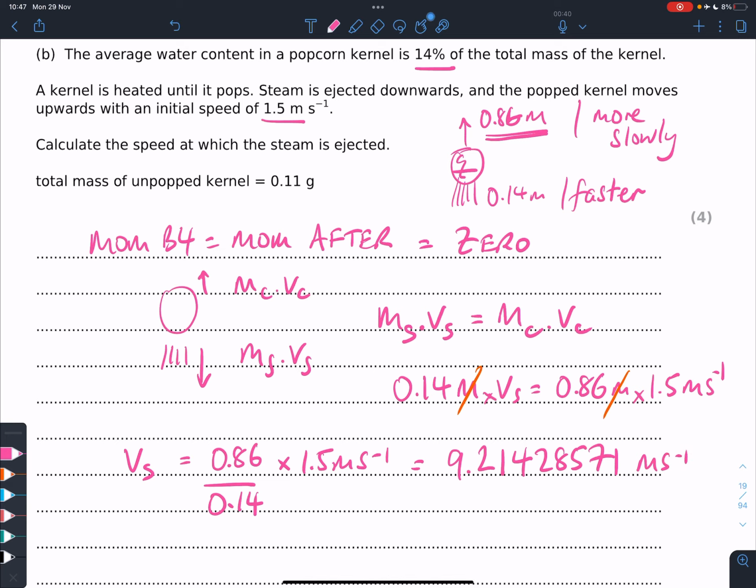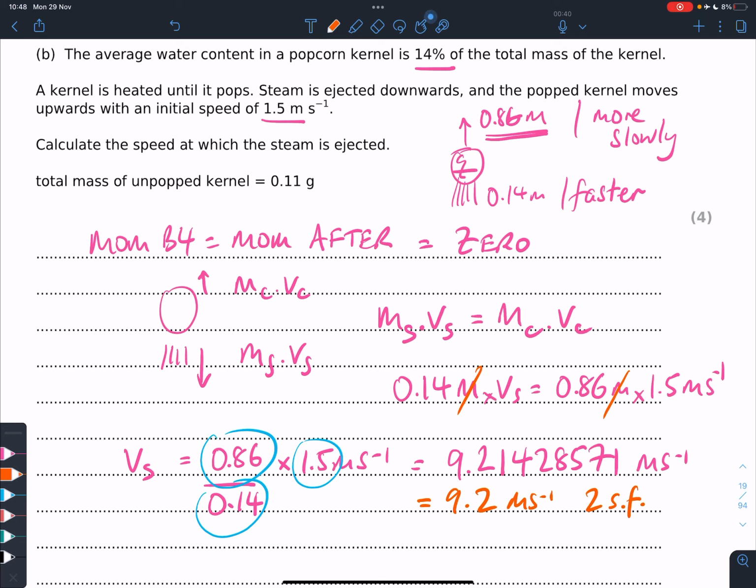But obviously that's nonsense. I can't have anything that accurate because I've only got two significant figures all the way through. So the only sensible way of writing it is 9.2 meters per second to two significant figures. Done.